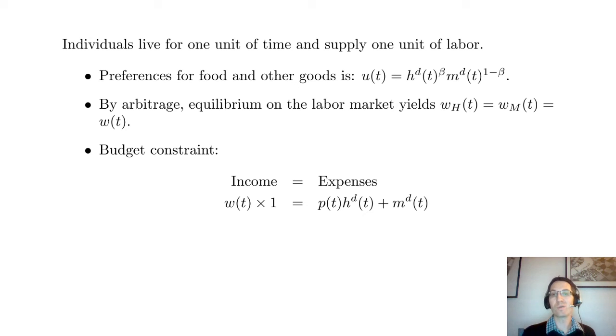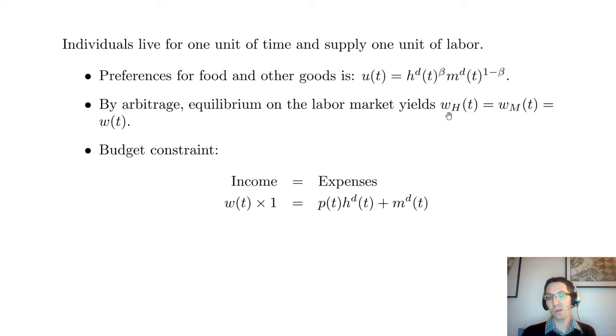So if they can earn more money in one sector, then they're going to go there. So why is it going to be equal? Imagine that WH is higher than WM. Then it doesn't make sense for a new worker to go work in the other goods industry. So they are all going to go into the food industry.